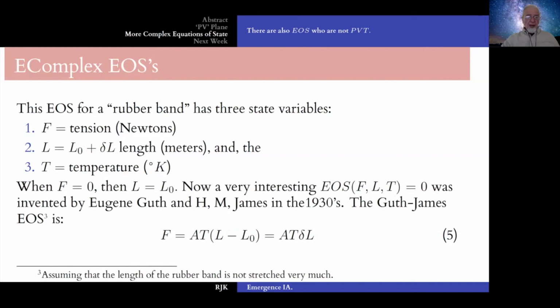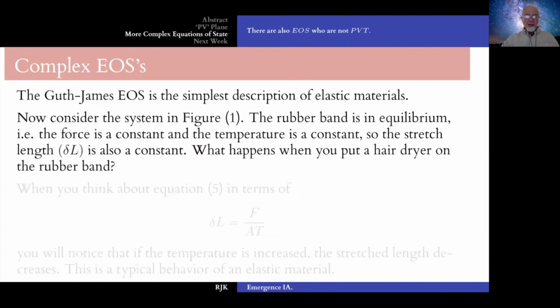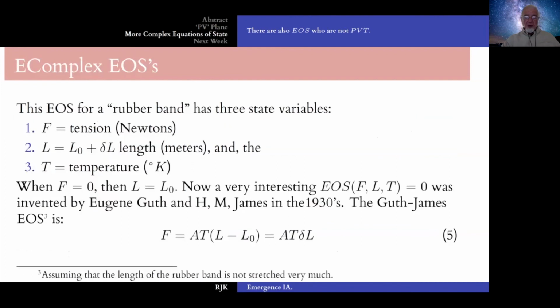So what happens if you were to get a hair dryer and you were going to put it on the rubber band? So in the area around you, you're at 300 degrees Kelvin, but you heat the elastic band. Here's the equation.